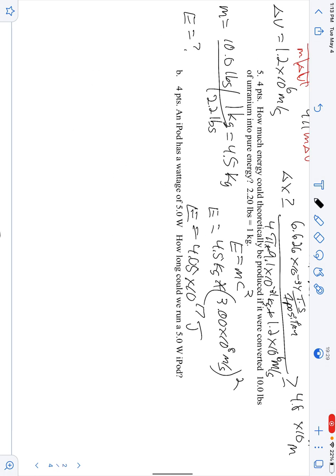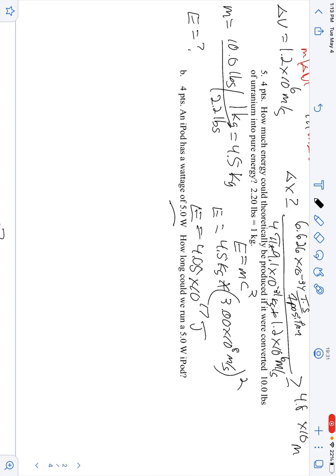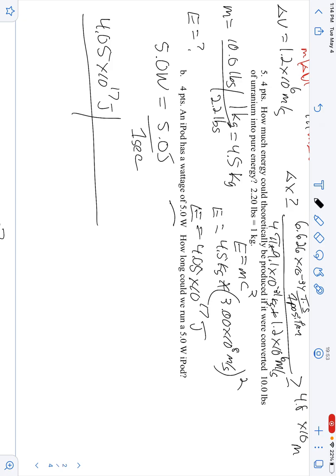Now, I've said in class many times, the wattage is how fast you are spending your energy. So if something is 5 watts, it means you're using 5 joules every second. If something is 75 watts, it means you're using 75 joules every second. So if I've got this much energy, I'm spending it at a rate of 5 joules every second.